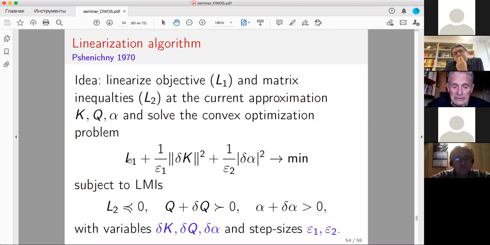We linearize our objective and linearize inequalities, and then we get something. Well, we have these penalty terms for deviations of our parameters, and we get something like this. So these are convex optimization problems with respect to delta k, delta q, delta alpha, and so on.